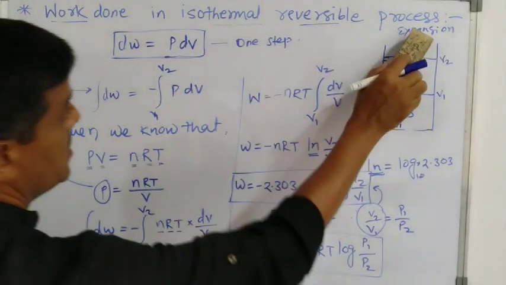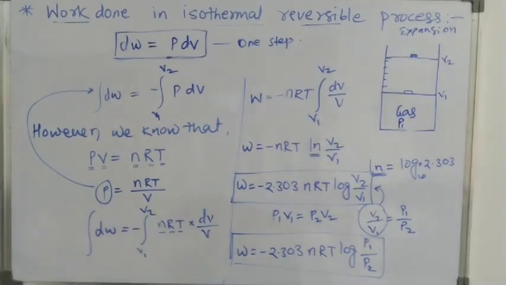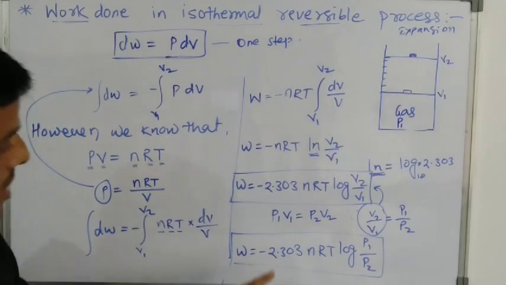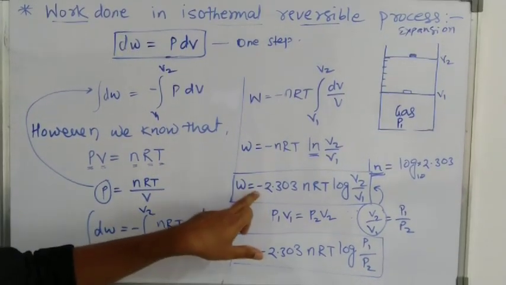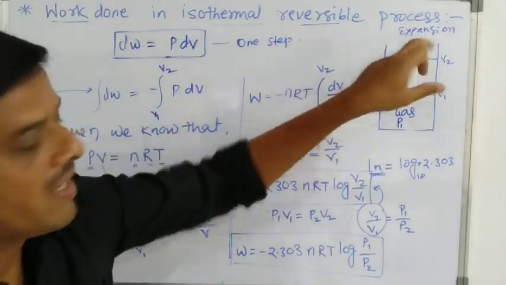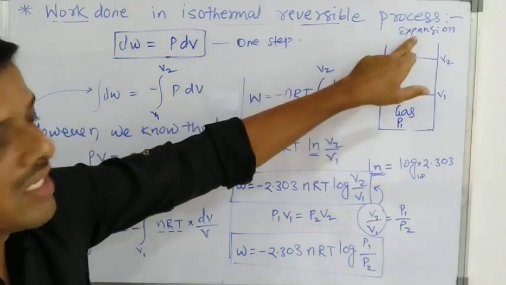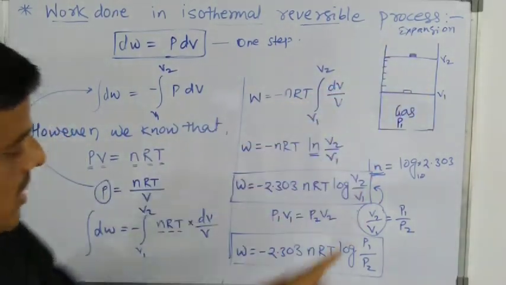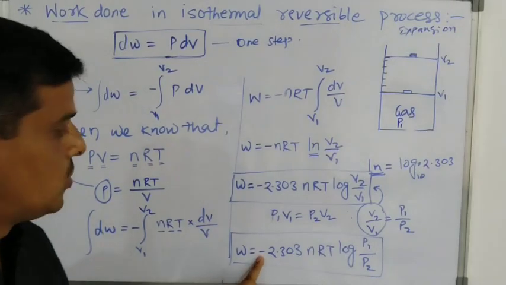Since it is expansion, hence the sign negative. These are the two equations with the help of which we can determine the work done in isothermal reversible expansion. If the process is compression, then this negative sign will be changed to positive sign.